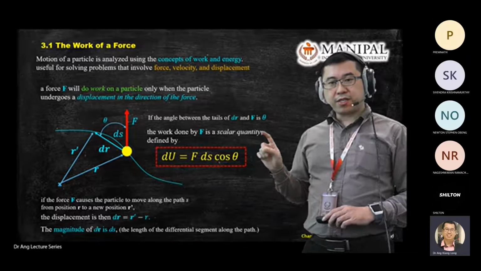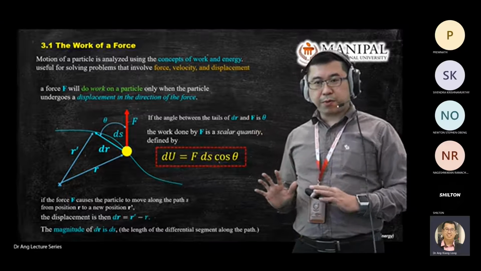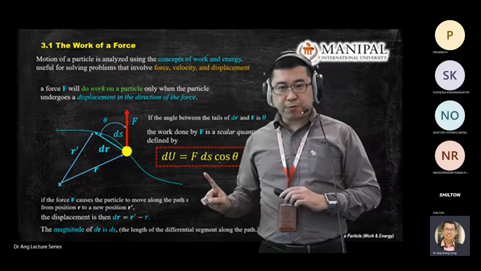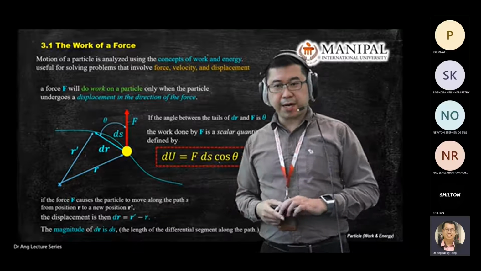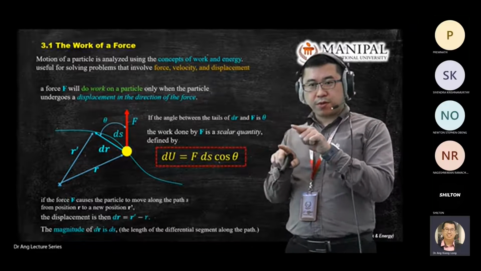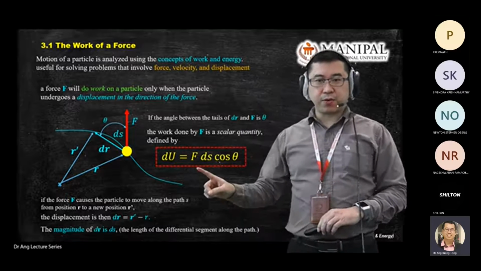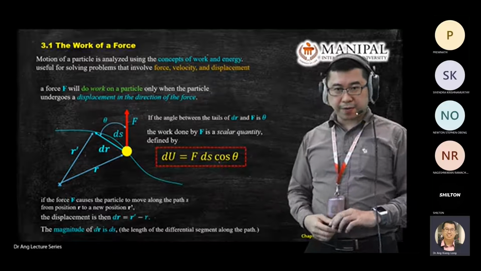This equation tells you one important principle: force and displacement must be in the same direction. The product of these two will give you work. Du equals force ds cos theta.